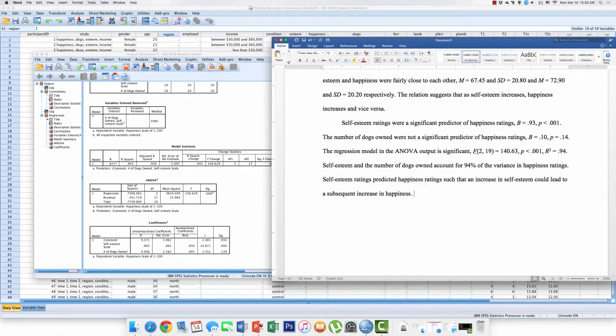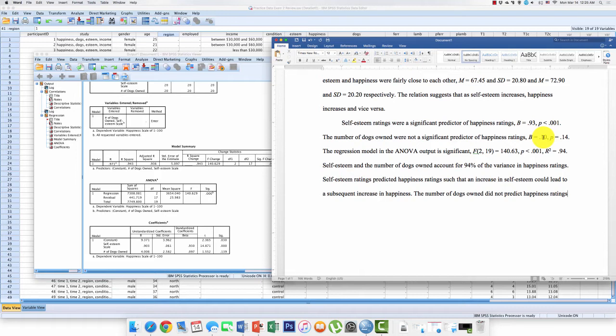Oh, and for the dogs, the number of dogs owned did not predict happiness ratings. And you see that the beta for number of dogs owned is 0.10.